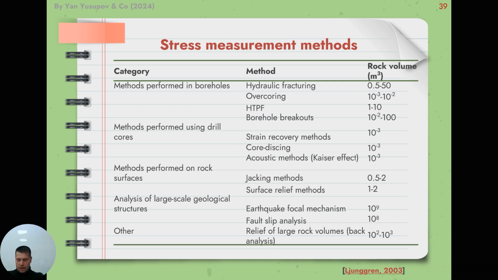The second consists of methods based on observation of rock behavior, without any major influence from the measuring method.